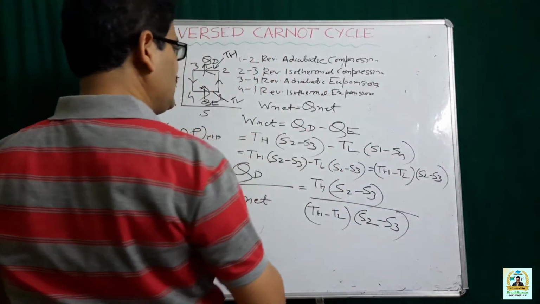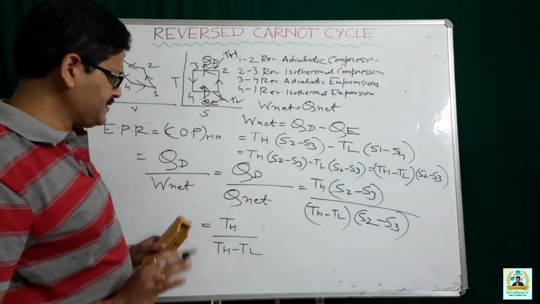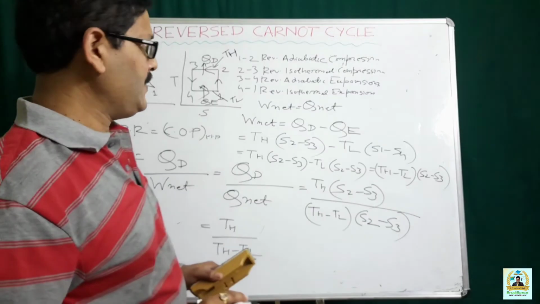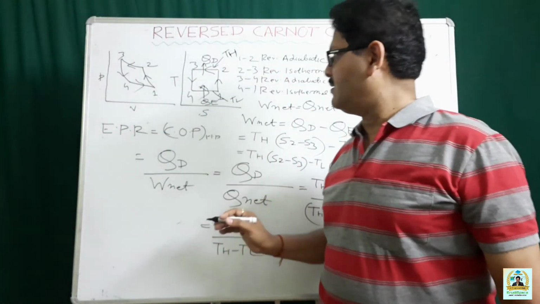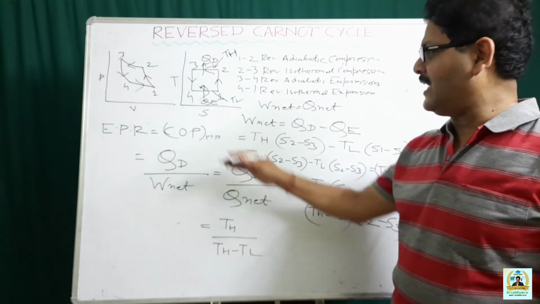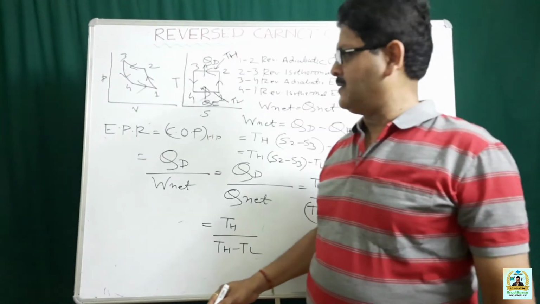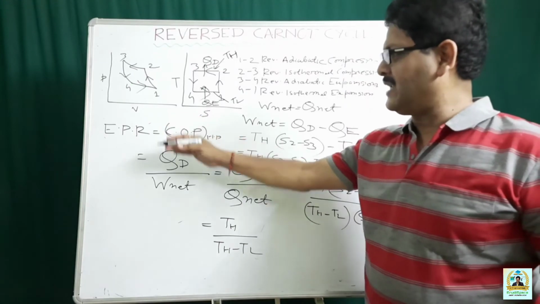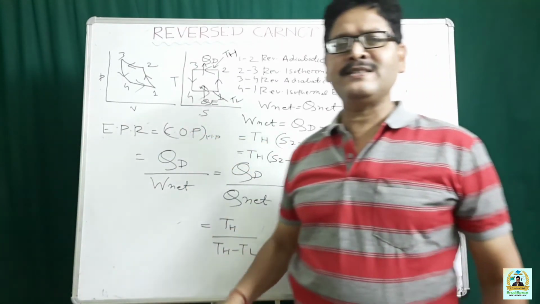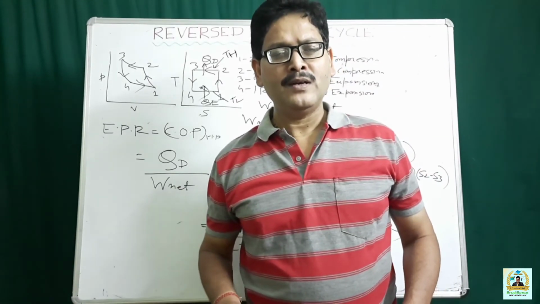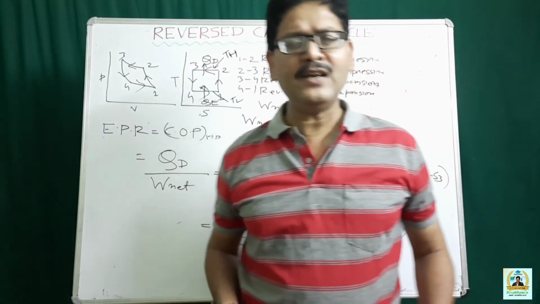So there should not be any confusion as regards to this, and I sincerely believe that your concept about the reversed Carnot cycle as well as the performance parameter, that is EPR for heat pump and COP for refrigerator, would be crystal clear.